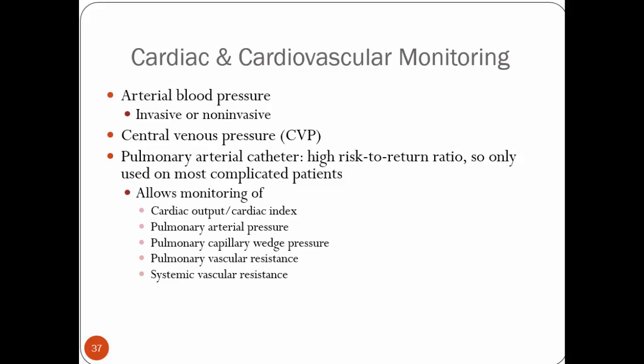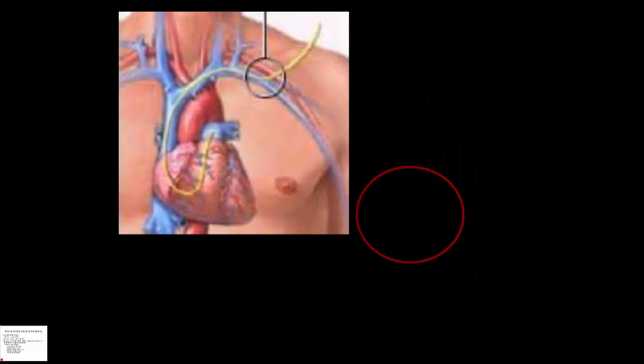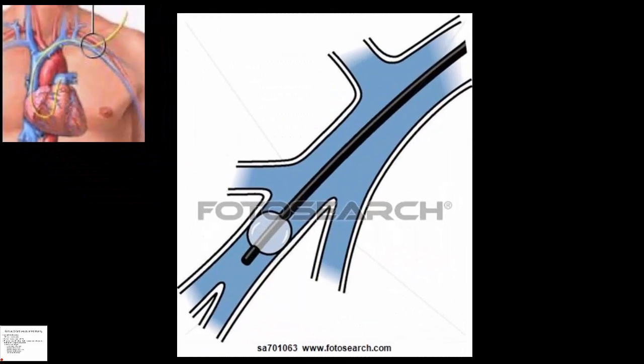The pulmonary artery catheter is a high risk to return ratio, so only used in the most critical patients. The pulmonary artery catheter is a catheter that's fed through the heart and the tip of it rests in the pulmonary artery. This thing has a balloon near the end, not at the end, but near the end of the catheter.